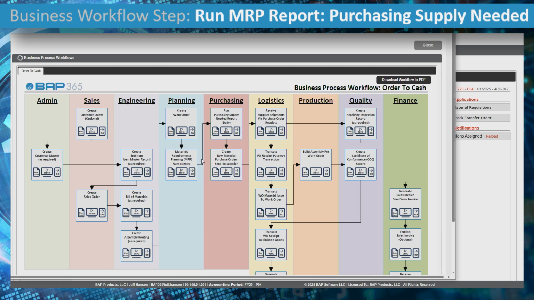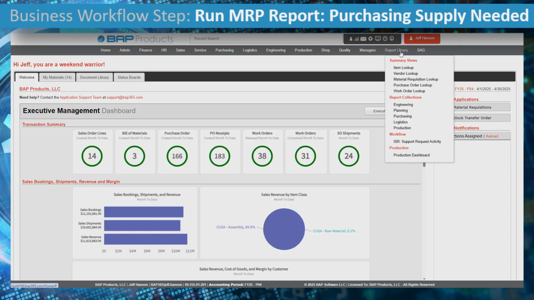And so the next step after MRP runs would be in your purchasing swim lane. But in this step, we are going to run the purchasing supply needed report. That exists in a few places, but the primary place where this exists is in the report collection of planning. So under report library, you have report collections. Different departments have their own collection.